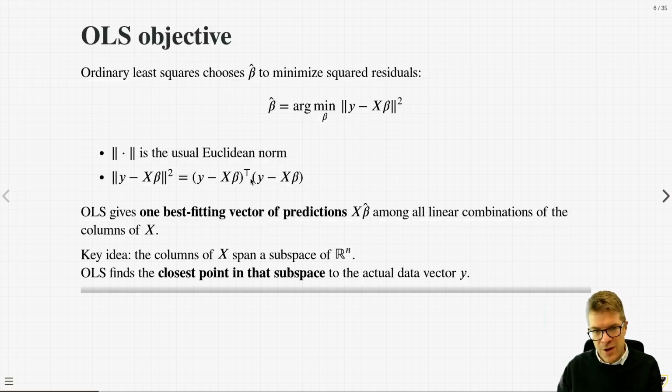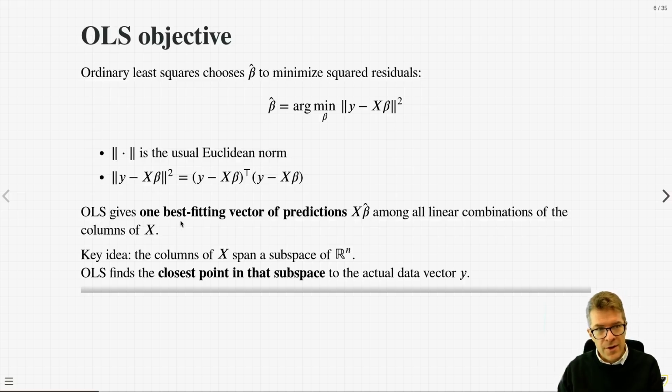This indicates the transpose. Remember, y is a vector, and the matrix X times beta is going to give you a vector of predictions. So a vector minus a vector is a vector, and to be able to multiply them together in a way that gives you a scalar, you have to just take the transpose of one. So take the row of one times the column of the other, you get your scalar, which is your distance.